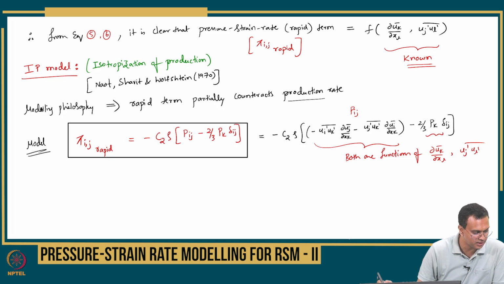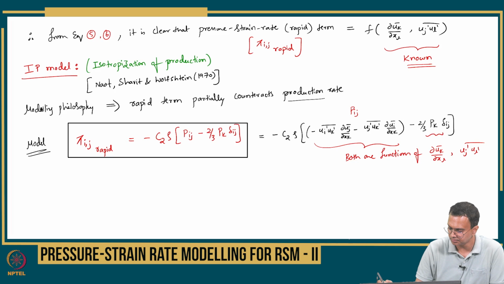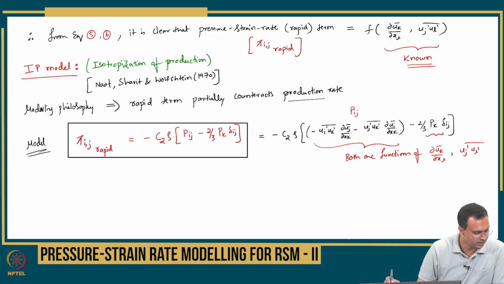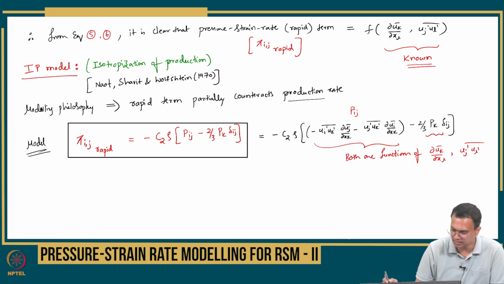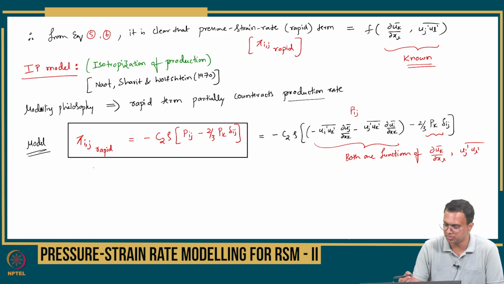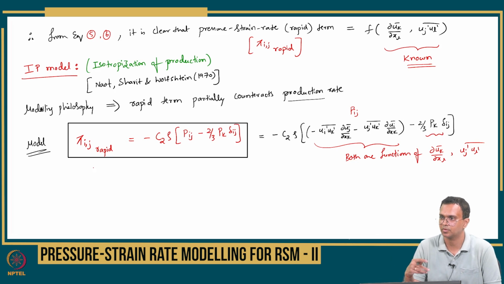If I set C2 and density equal to 1 here, and if Pk is 0, then this pi ij rapid essentially becomes minus Pij, right? So this pi ij term is actually taking away what the production rate is doing.